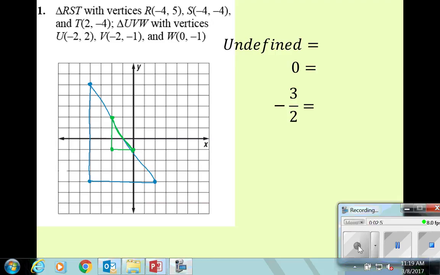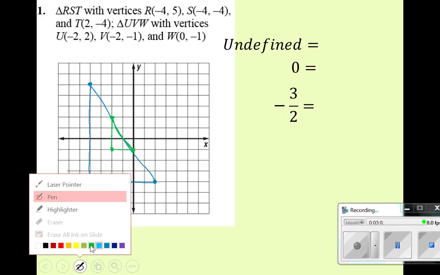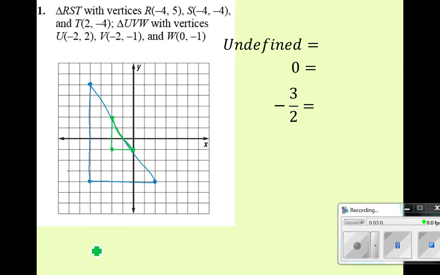Now I have my second triangle, and I used the color green this time. Because I have 3 sides again to find the slope for, I'm going to do the same thing I did before. I'm going to focus on the ones that are easiest first. This bottom one is horizontal, so it's 0. The vertical one is undefined.